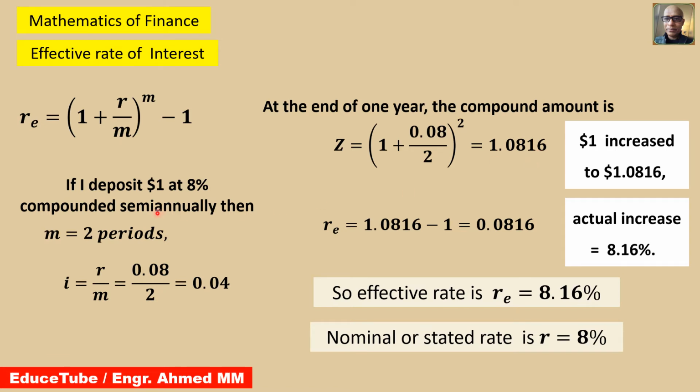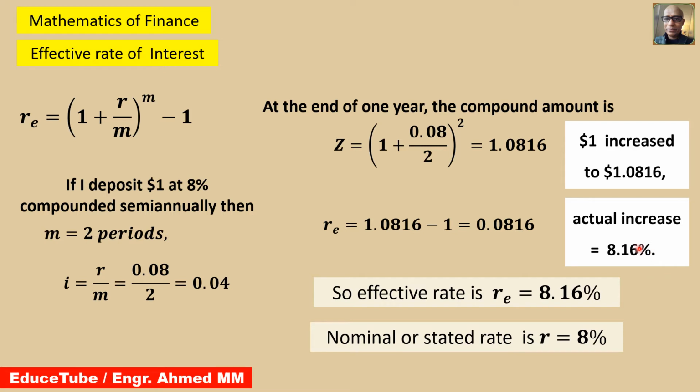Once we get 1.0816, how much did I actually deposit? $1. So I can say $1 increased to $1.0816. So what is the effective rate of interest? This value minus 1, as per this equation, is 0.0816. So the actual increase is 8.16%.